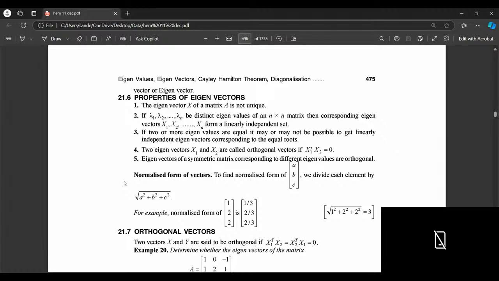So again, some properties we saw yesterday. Properties of eigenvectors. Again, we revise. The eigenvector x of a matrix A is not unique. Means eigenvectors are not unique. We may get a different number of eigenvectors.